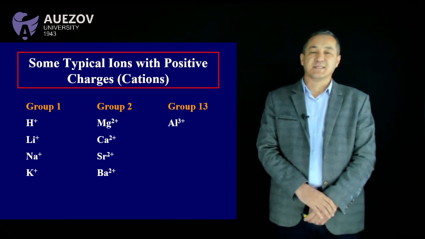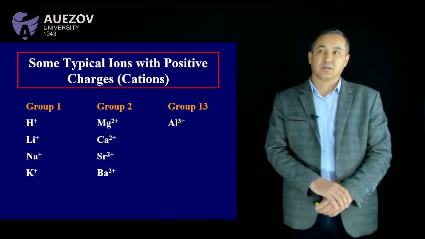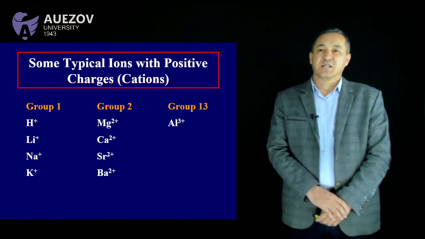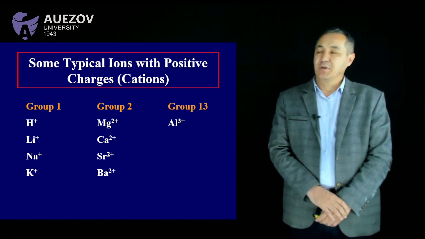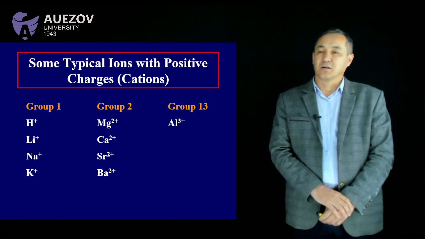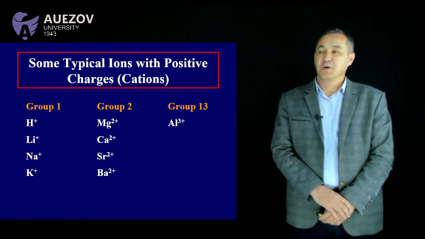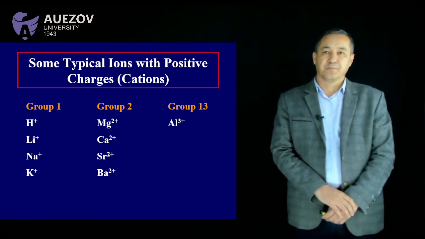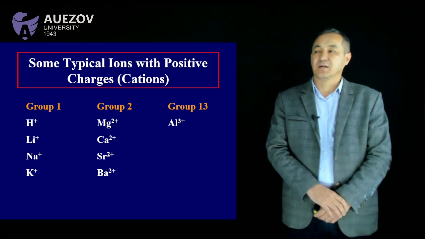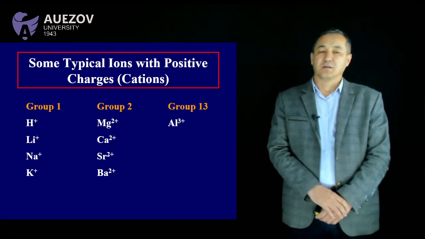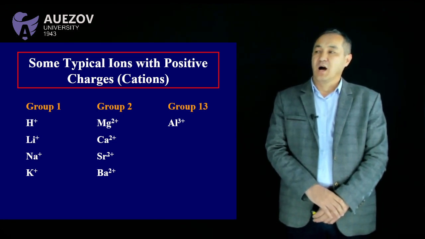Depending on their location in the periodic table, in the group, they can give several ions.